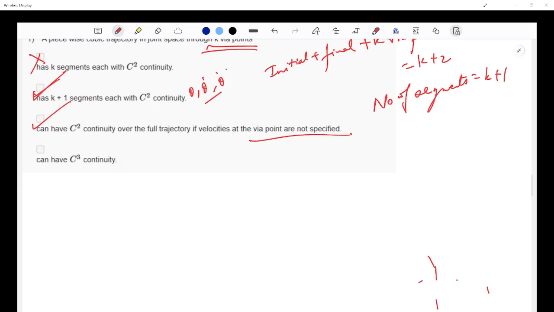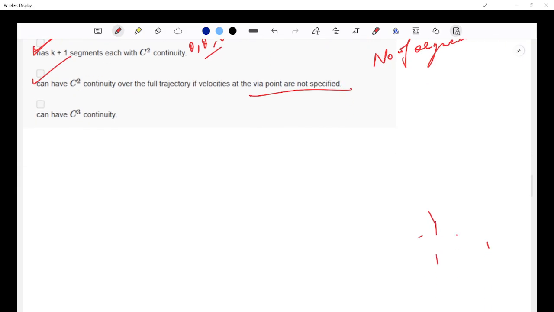The fourth option is it can have C3 continuity. For a cubic polynomial, the third derivative, theta triple dot, is a constant, right? So at segment boundaries, the third derivative is not continuous. Only two derivatives are continuous, which are theta dot and theta double dot. Since it is not continuous, it cannot be C3 continuous. Okay.